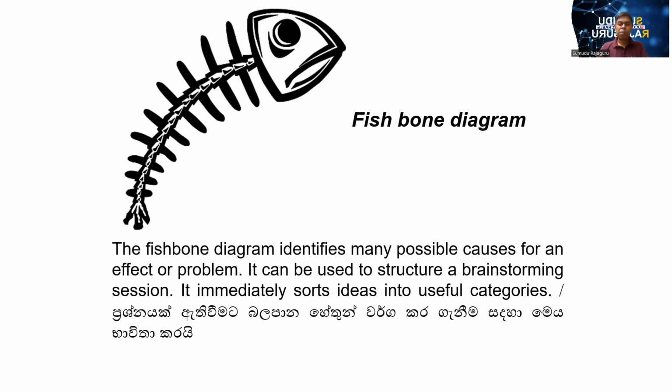So when we draw the fishbone diagram, usually we conduct that activity through brainstorming sessions. Okay, I'll explain a little bit about brainstorming in future. Then whatever ideas come from the audience, whoever participates in the brainstorm, through the fishbone we are categorizing them.